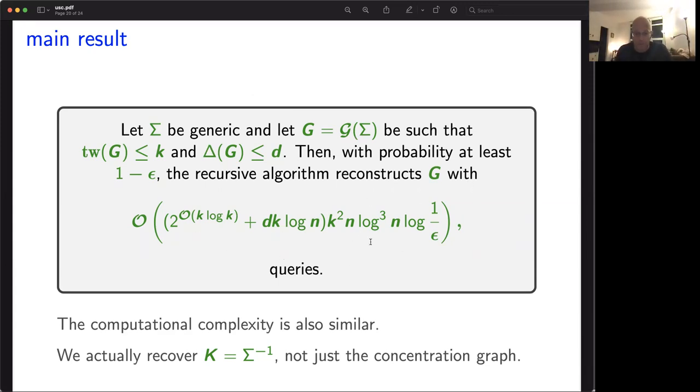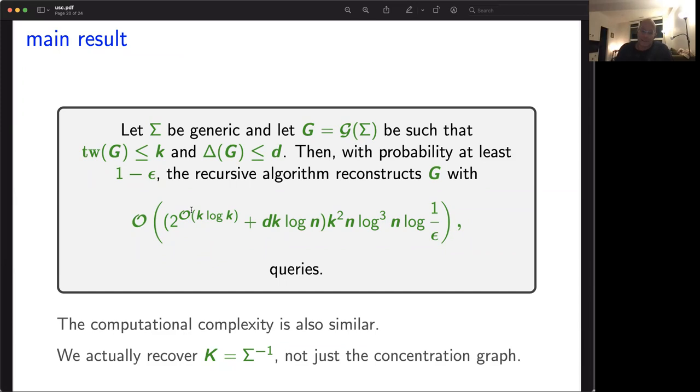So let's see what we have here. Our main interest was in n. That's what's large. So this is not quadratic, right? It's n times polylog n. There's d coming in, and there's the treewidth coming in, and the treewidth comes in a bad way. It's exponential, or even actually worse than exponential.